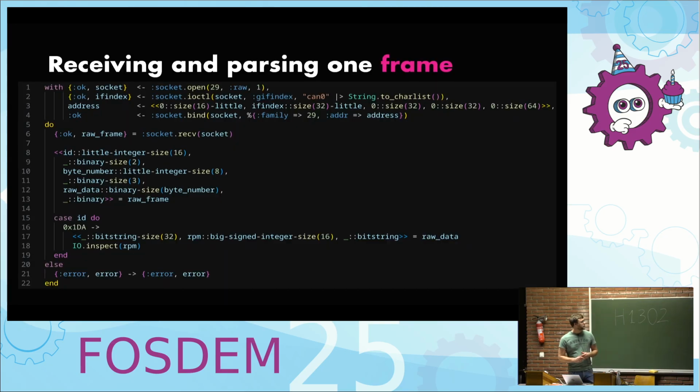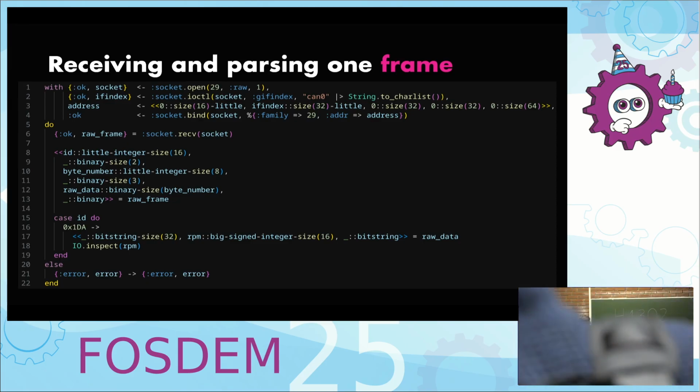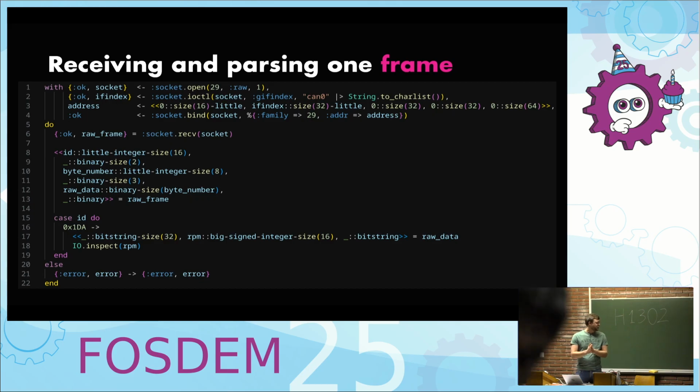Concretely, that's all the lines you need to connect to a CAN bus and receive one frame. So you have the first few lines that are about connecting to the socket and binding it. And then you have that socket receive function that will block until a frame comes in on the bus. And then from line 8 to 13, you have that pattern matching where we assign to the ID variable the first 16 bits as an integer encoded in Little Endian.